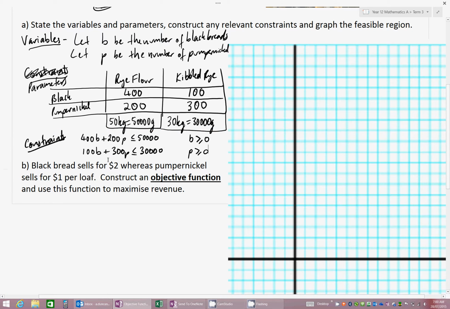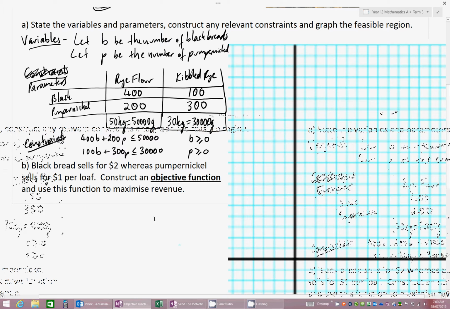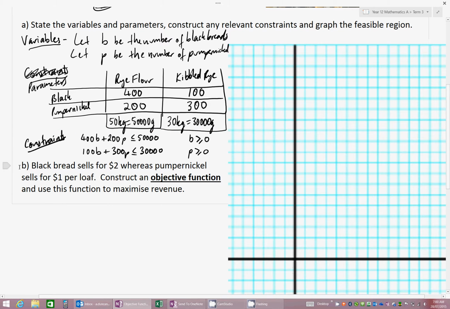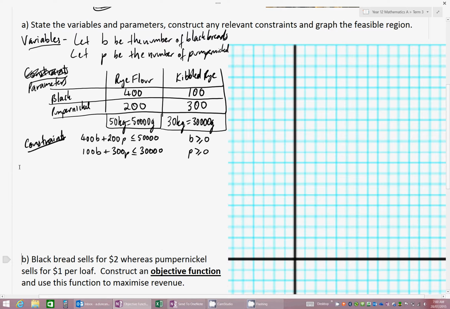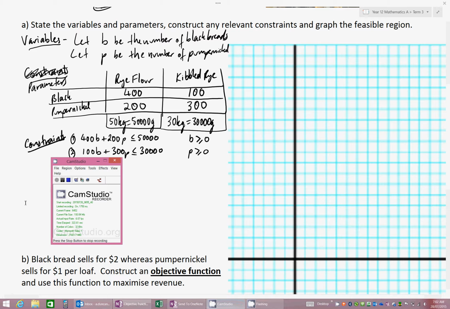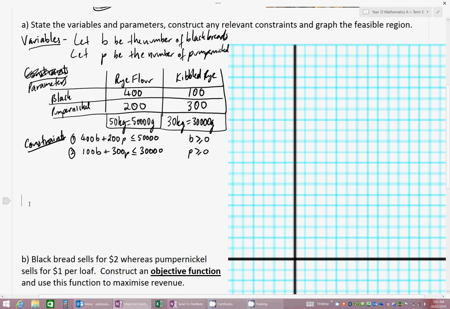So I'll need to sketch these two conditions onto this set of axes, using our intercepts method. So intercepts method for both of these. I've got my b-axis and p-axis intercepts. This is at p equals 0, this is at b equals 0.